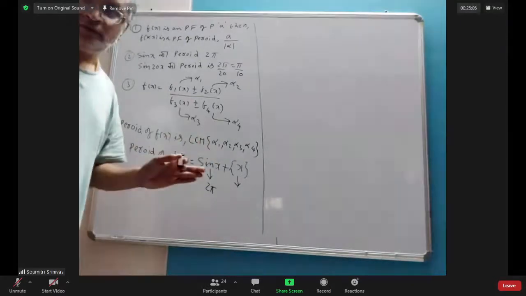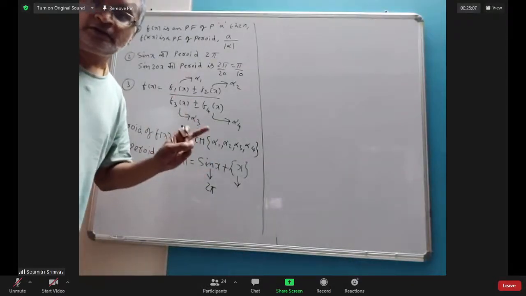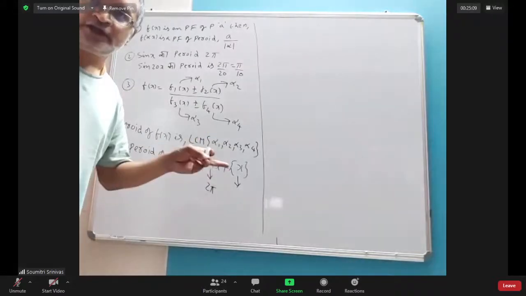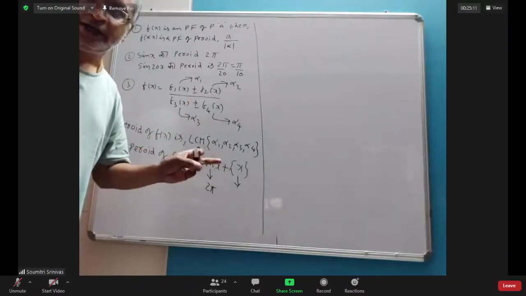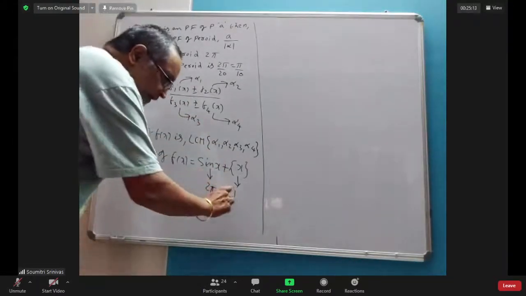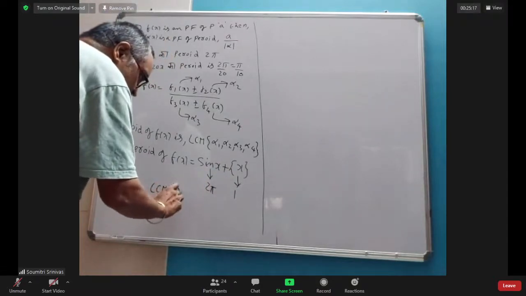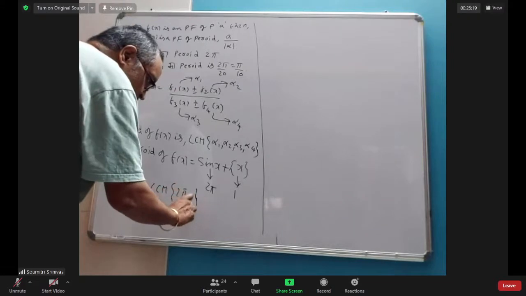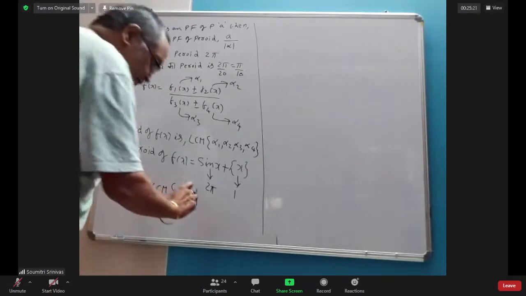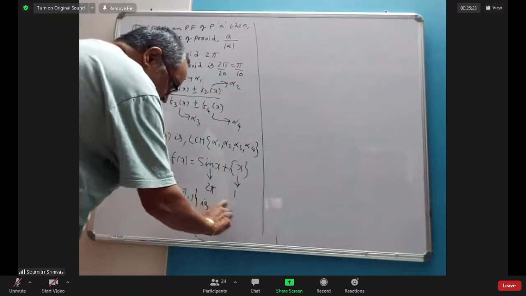Recently I wrote only one function there in the notes, non-trigonometric, which is periodic. What's its period? One. What is the LCM of 2 pi and 1? 2 pi.